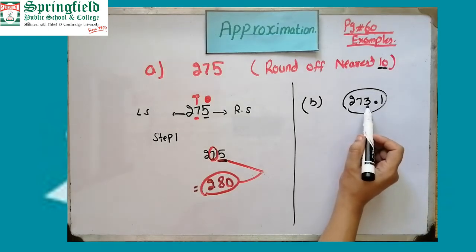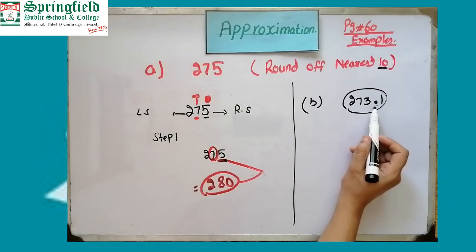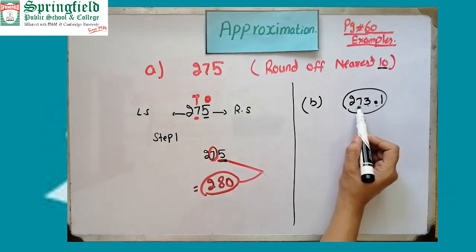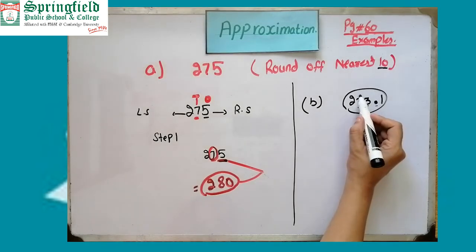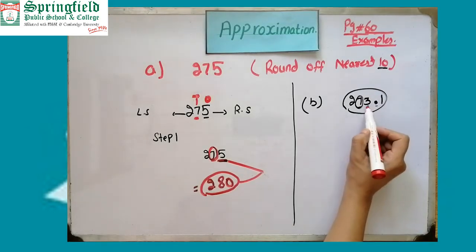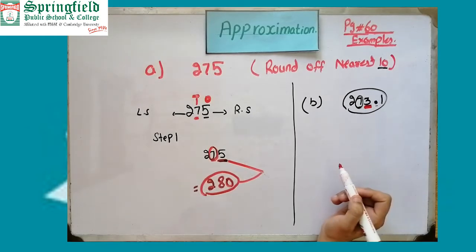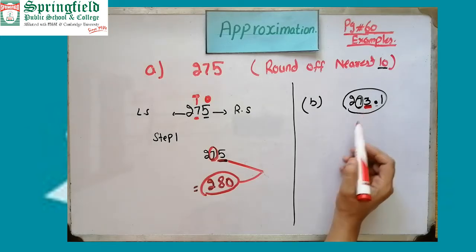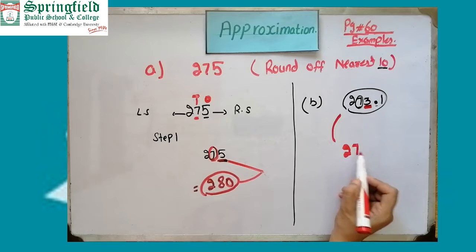In a decimal number, we start counting from the digit on the left side of the point. This one is the ones place and 7 is at the tens place. So circle this digit, and then highlight the next one. It is 3, less than 5. So we write 2, 7 and then 0.